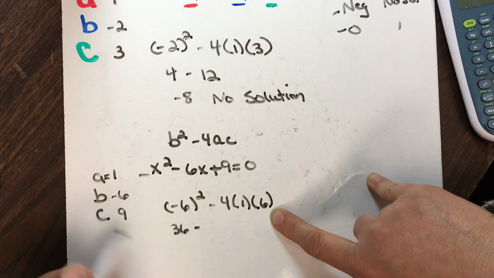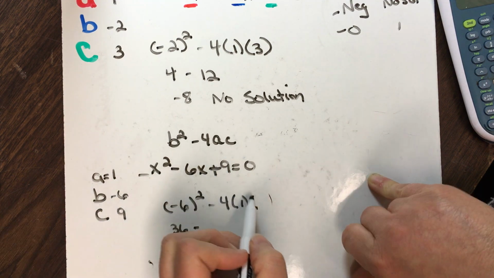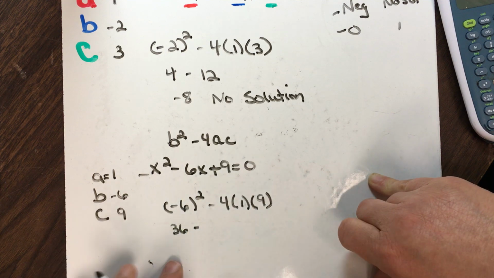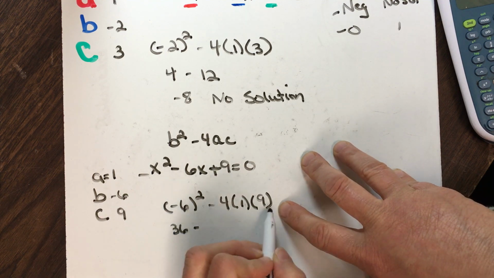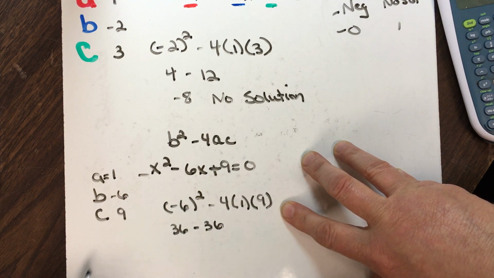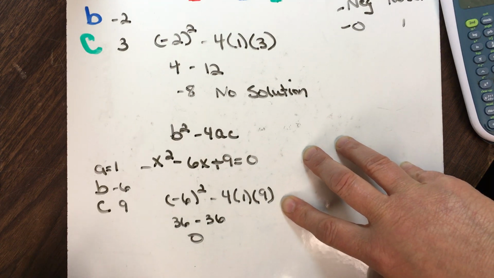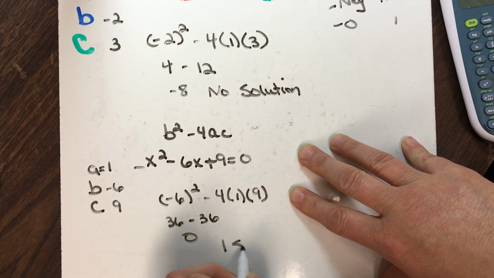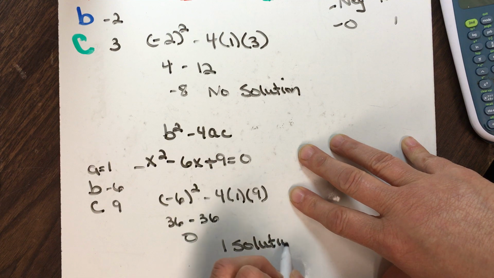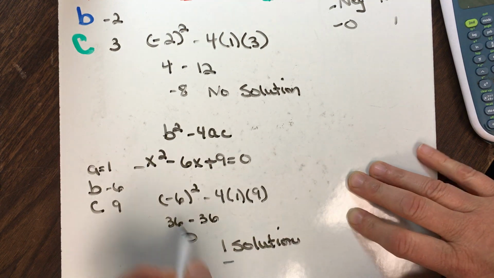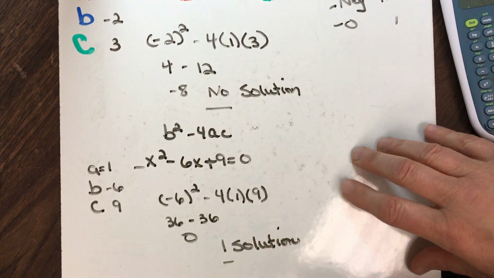Oh, wait. I got the wrong number in there. I thought something looked a little odd. So negative 4 times 9 is negative 36. So we end up with 0. So in this case, we only have one solution. This one was no solutions. All right, give it a try.